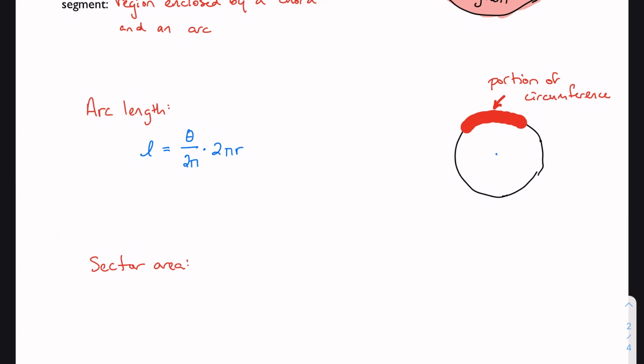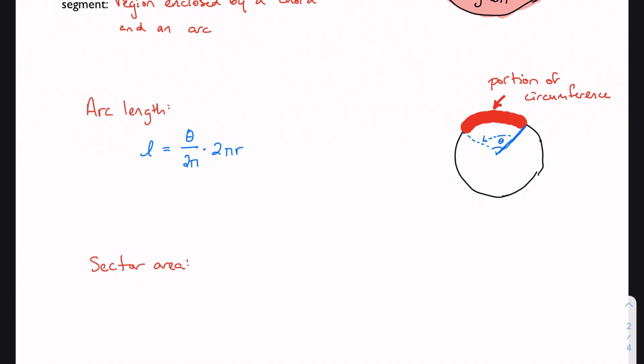If my radius is only going to sweep through some angle theta, then I only need to consider that part of the full circle, which is where I'm using this theta over 2 pi.